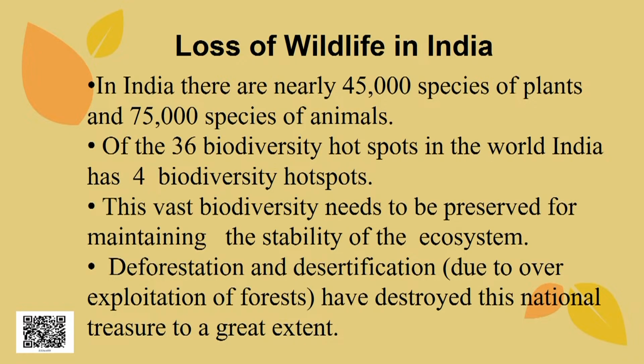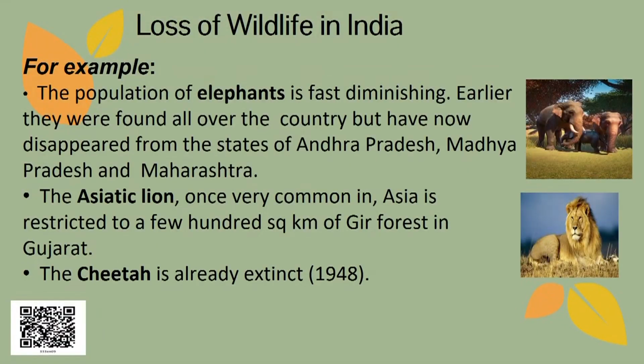This vast biodiversity needs to be preserved for maintaining the stability of the ecosystem. Deforestation and desertification are the major causes that have destroyed this natural treasure to a great extent. And there are several examples of wildlife losses in India.